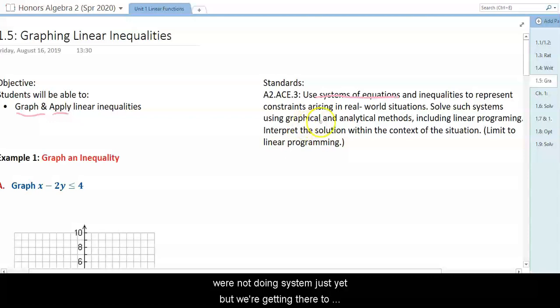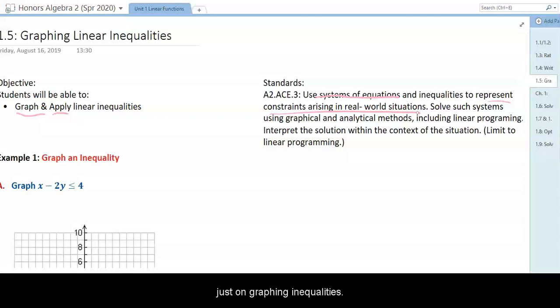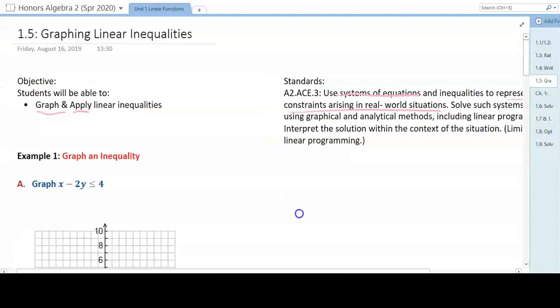To represent constraints arising in real-world situations. So that's the biggest thing we're looking at there, is being able to use real-world situations. It's a little bit of systems as we get through some of these examples today. The first part of this, though, will be just on graphing inequalities.